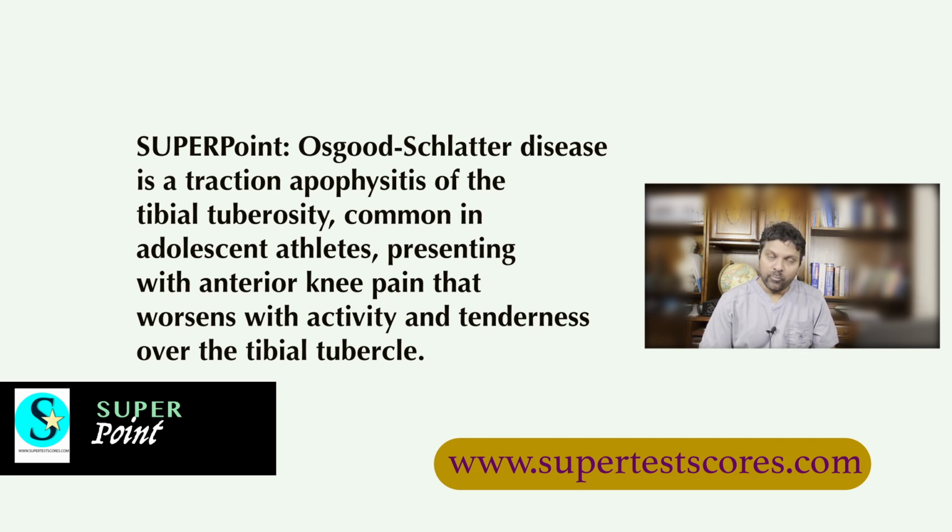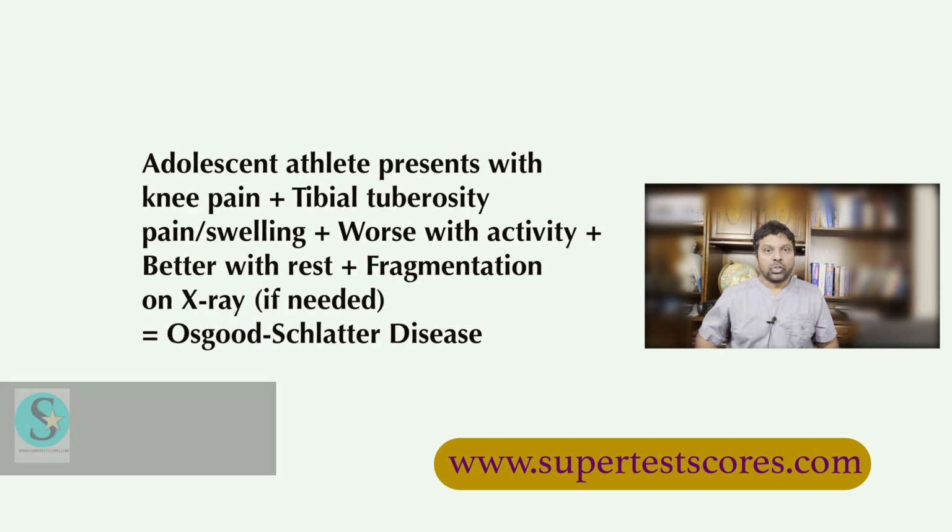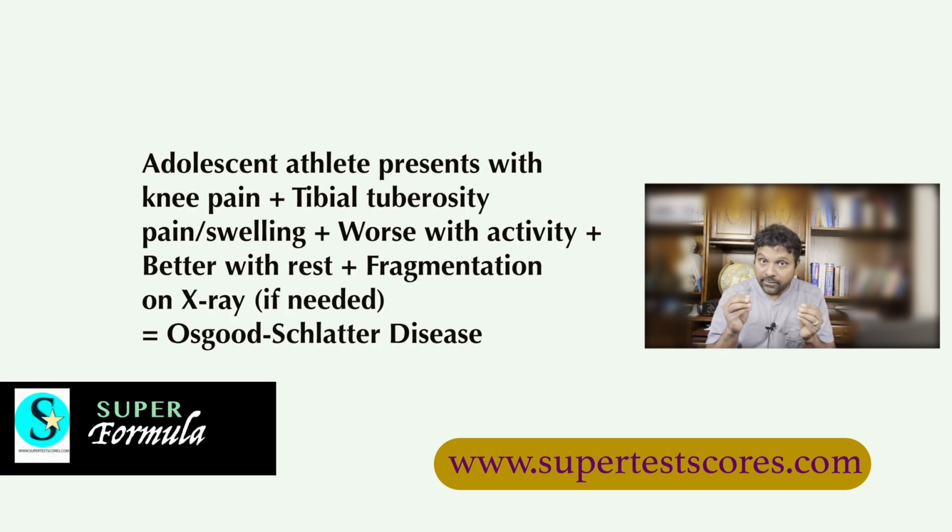Super formula. What in the world is super formula? Super formula is identifying a disorder based on its unique characteristics. The super formula here is adolescent athlete presents with knee pain plus tibial tuberosity pain plus worse with activity plus better with rest plus fragmentation on X-ray if needed is equal to Osgood Schlatter disease.